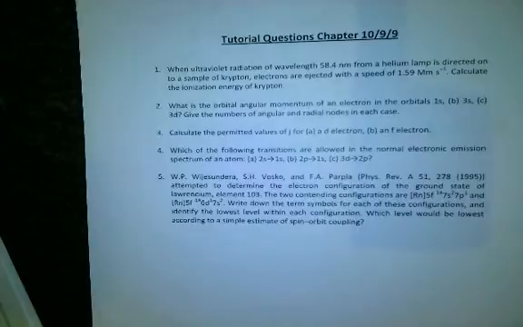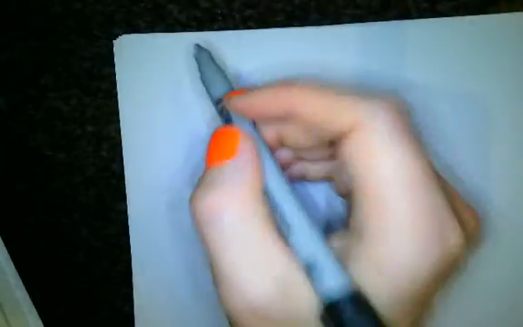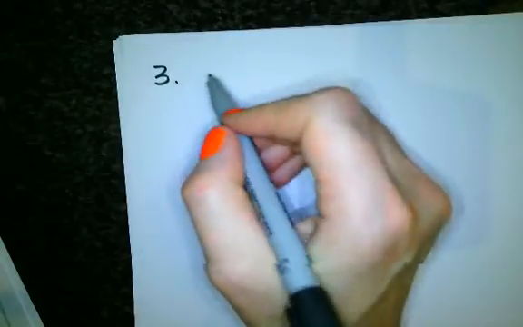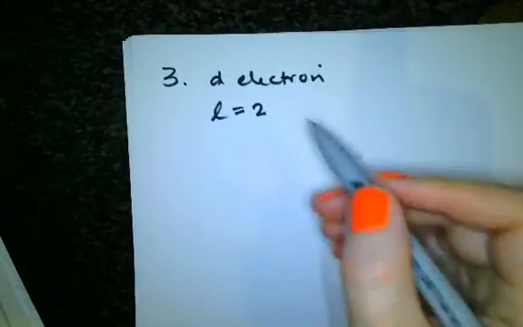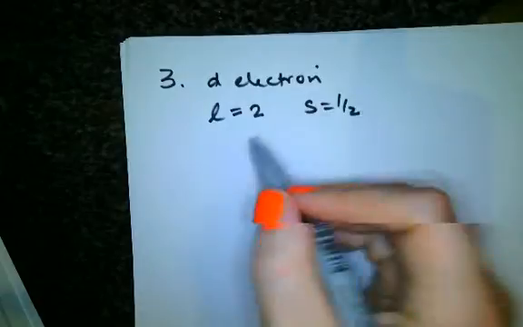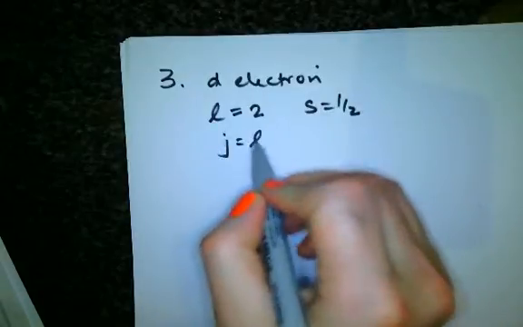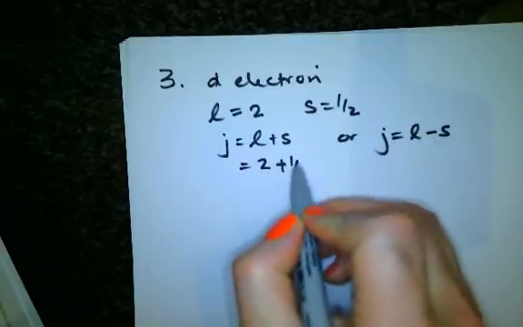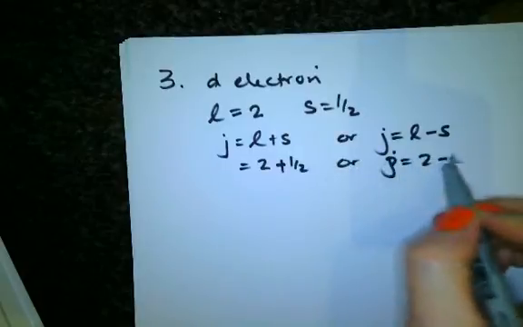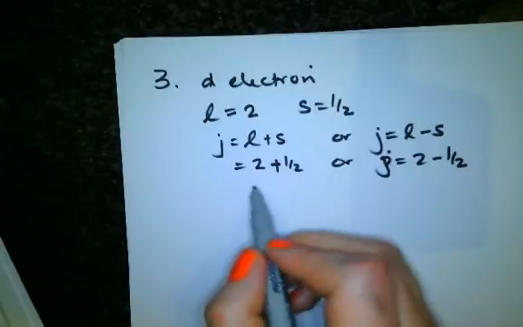So remember, to calculate J for a single electron, we will use the Clebsch-Gordan series, or we can just look at J as equal to L plus S or L minus S. So for a d electron, L would be 2, S is always equal to a half, so J is equal to 2 plus a half, or J is equal to 2 minus a half, which is 5 over 2 or 3 over 2.